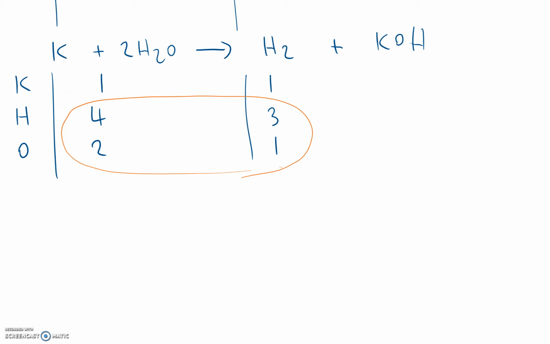So I will choose the potassium hydroxide, and put a coefficient of 2 in front of the potassium hydroxide, and now I have 2 potassium, I have 2 oxygen, and I have a total of 4 hydrogen on the right, and then I write a new equation.